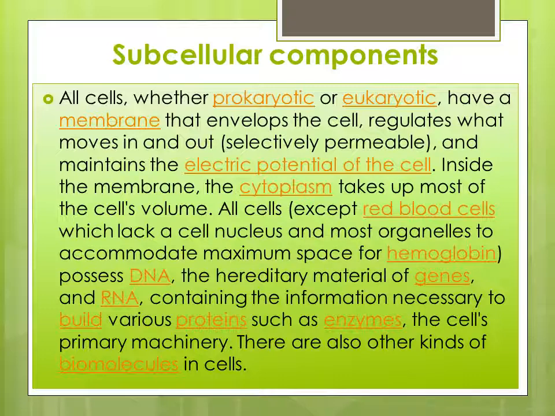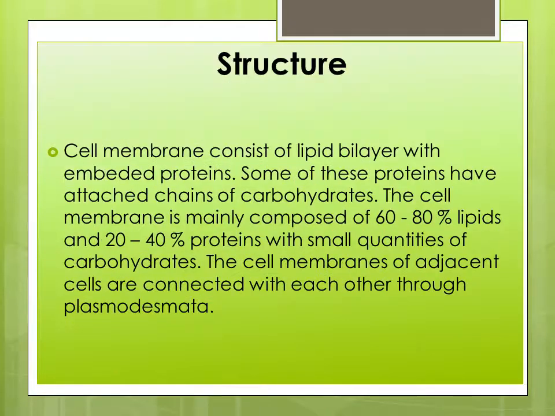All cells except red blood cells, which lack a cell nucleus and most organelles to maximize space for hemoglobin, possess DNA, the hereditary material of genes, and RNA, containing the information necessary for building different types of proteins and enzymes, the cell's primary machinery. There are also other kinds of biomolecules in the cell. So what are these types of molecules? We will study about that.